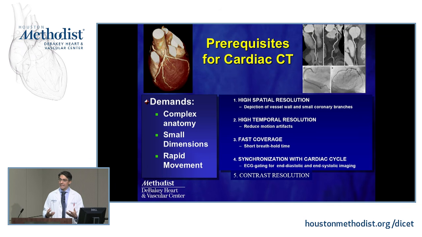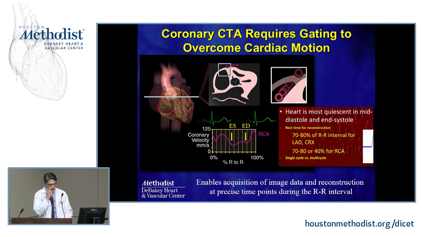We want a technique that can be synchronized to the cardiac cycle because obviously, as we're going to get into here, we're cardiologists. For us, it matters whether you're in systole and diastole, and for the reasons that I'm going to get into, it's very important we know when the image was acquired. And finally, a little bit about contrast resolution, not the strength of CT, but how we can make it a strength for us.